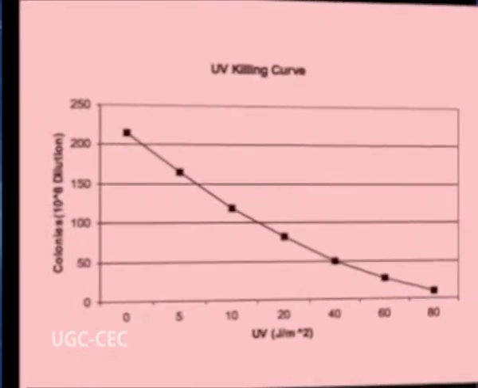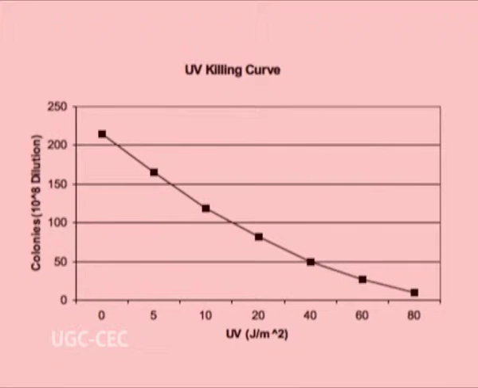UVC can kill not only the bacteria, but all the types of living cells, since it is absorbed by the DNA present in all living cells. Precaution is always taken not to get exposed to this radiation when they are in use in the form of artificial lights.